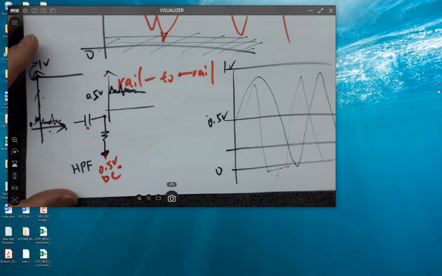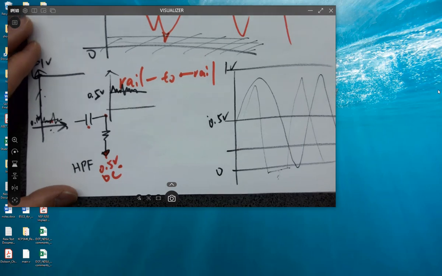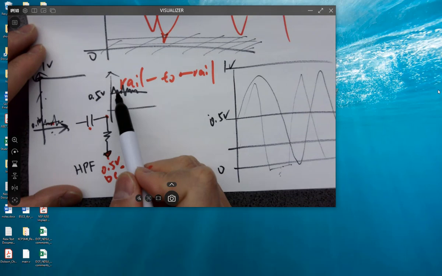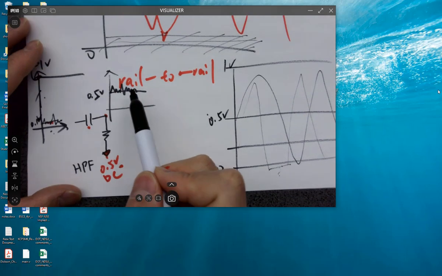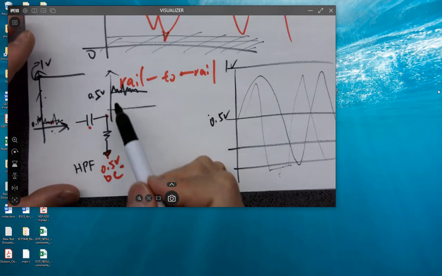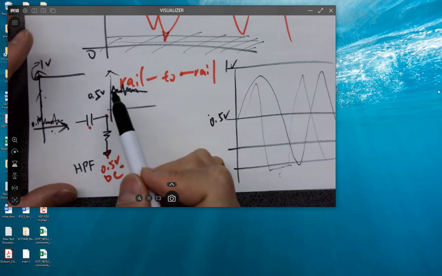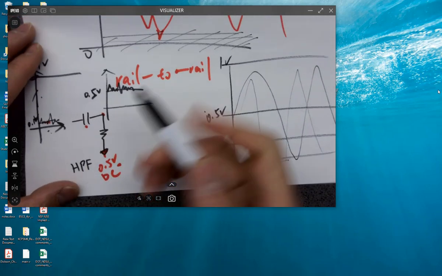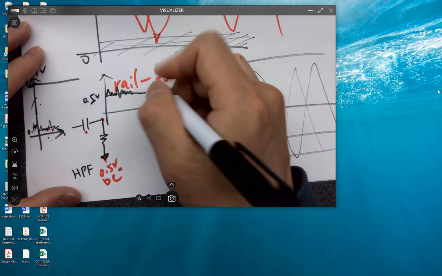Always high pass filter. If you need to do some low pass filtering to get rid of the high frequency stuff, then just do it. Otherwise, you don't have to. But usually you do, because there'll be a lot of high frequency noise, and also the 60 hertz from the outlet. But anyway, let's just do this first, and eventually you got this one, and then you amplify it, right?